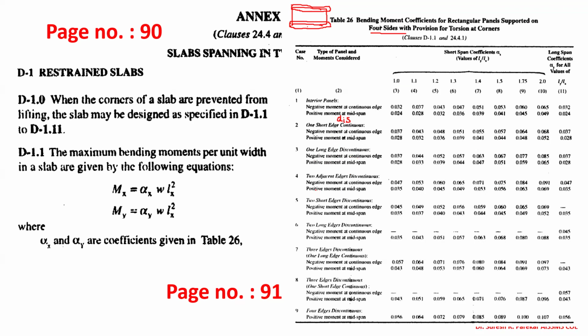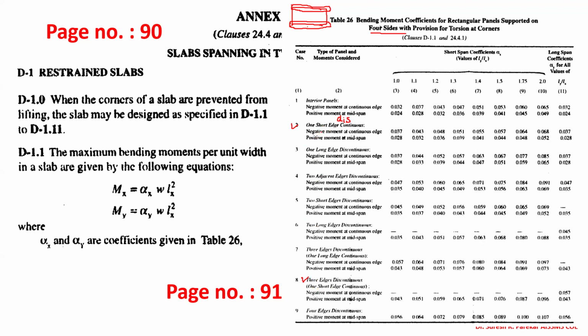Then we have one long edge discontinuous, then two adjacent edges discontinuous, two short adjacent edges, then two short edges, then two long edges, three edges discontinuous, one long edge continuous, and three edges discontinuous, one short edge continuous. So here also one short edge continuous, and here also. We have these two same, and therefore we have one short edge discontinuous. And here we have one short edge continuous.